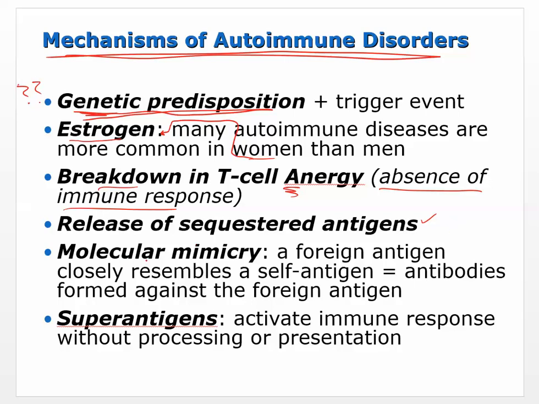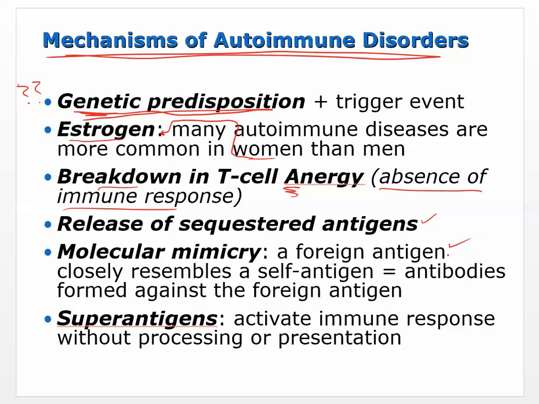Okay, so molecular mimicry. This one's kind of interesting. Sometimes you have an autoimmune disorder that occurs after a certain virus. We talked about that with the Epstein-Barr virus. Sometimes it can trigger an autoimmune response later on.